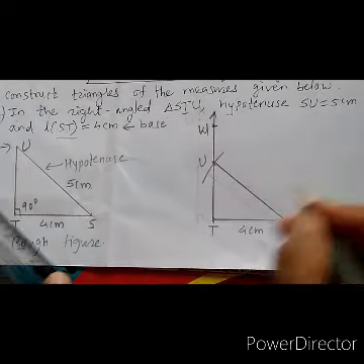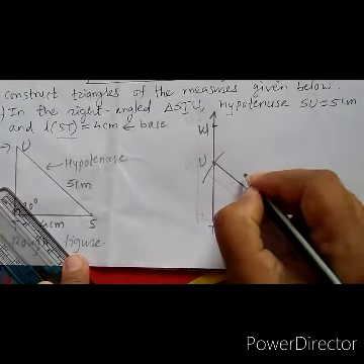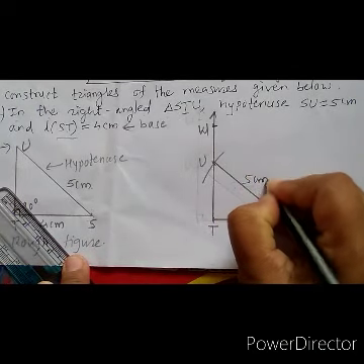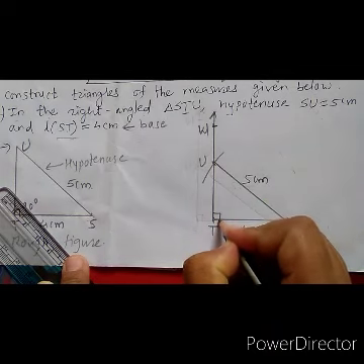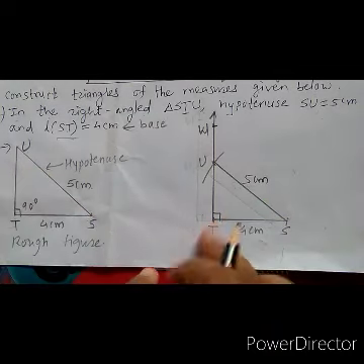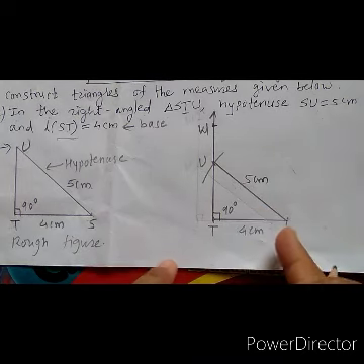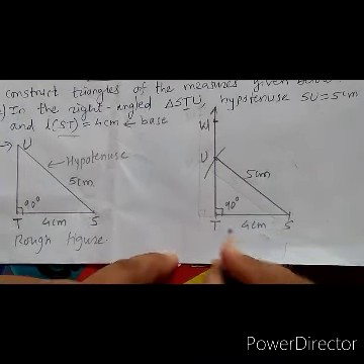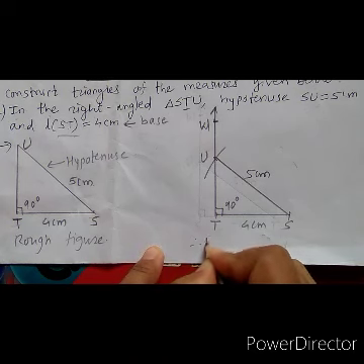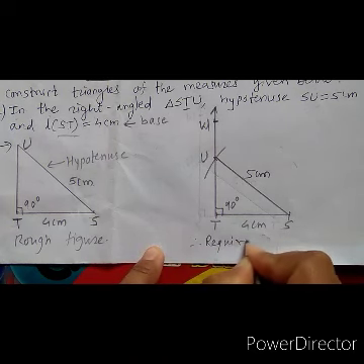This is hypotenuse SU, 5 centimeters, angle T 90 degrees, and now we got right angle triangle STU. This is the required figure.